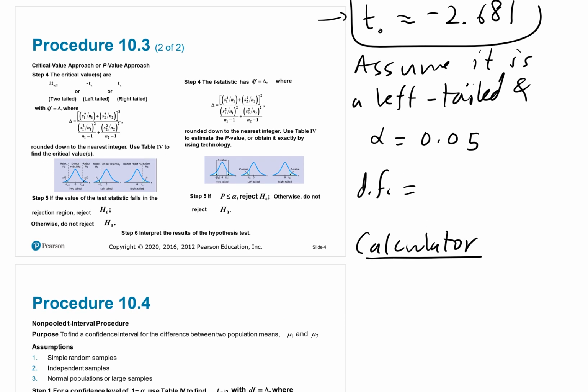First thing you need to do is click on STAT and then go to TESTS and then scroll down to 2-SampTTest.